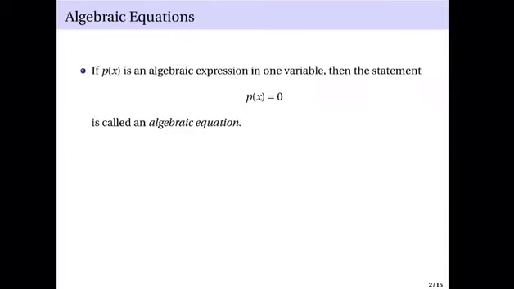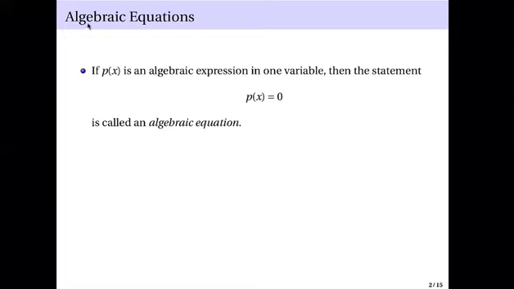What is an algebraic equation? So we begin with the definition of this algebraic equation. Okay, if p of x is an algebraic expression in one variable, this algebraic expression can be a polynomial, a linear expression or quadratic expression. It can also be rational expressions, complex rational expressions, and even radical expressions.